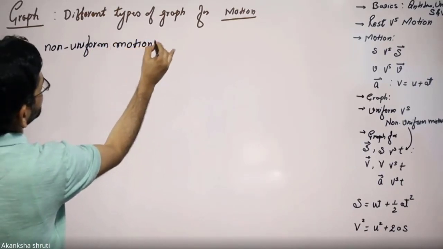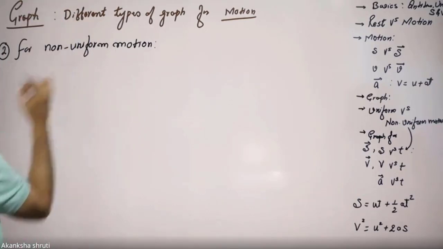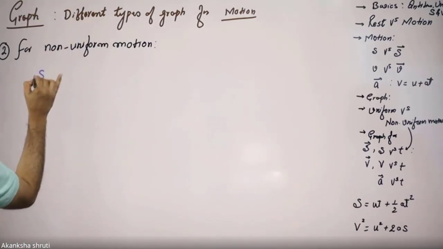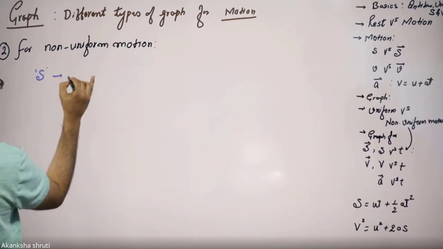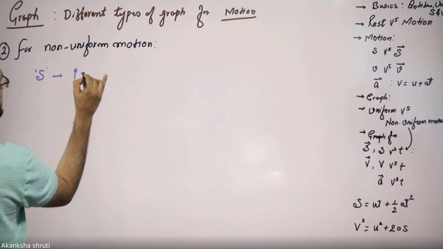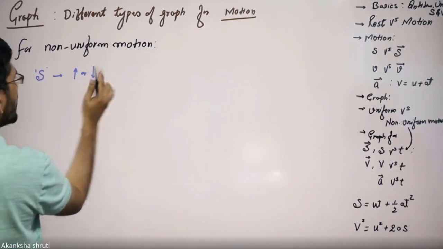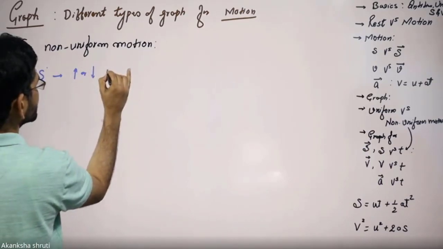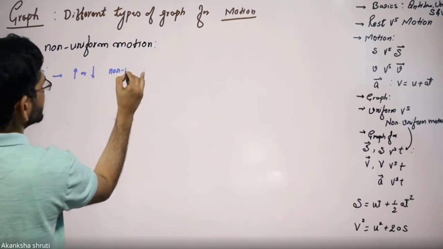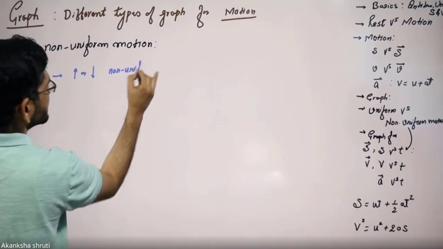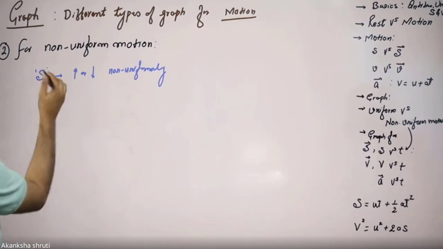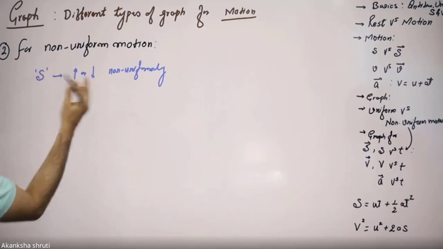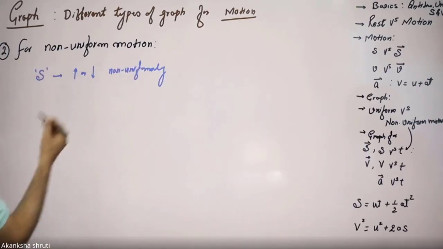Students, we have learned that for the non-uniform motion, distance is increasing or decreasing, but not uniformly. Or this increase in distance or decrease in distance is not fixed.